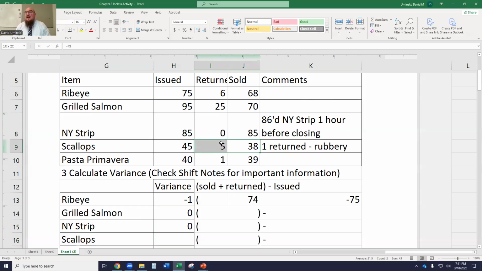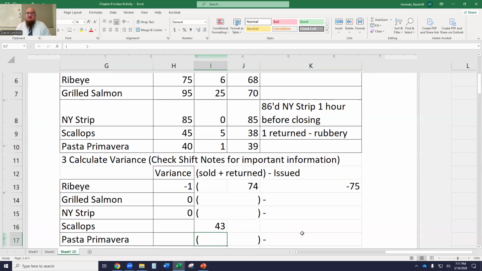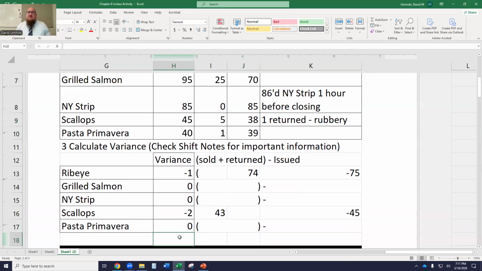Scallops, 38 plus 5. 43. So 43 minus 45 is -2. And then 39 and 1, 40 minus 40. Awesome. So which two items are we concerned with? Scallops and ribeye. Ribeye, we're missing 1. Scallops, we're missing 2.